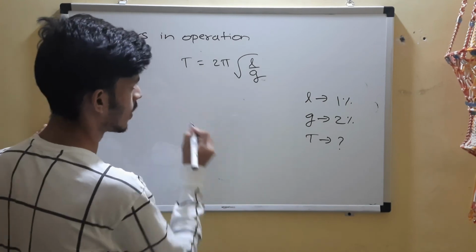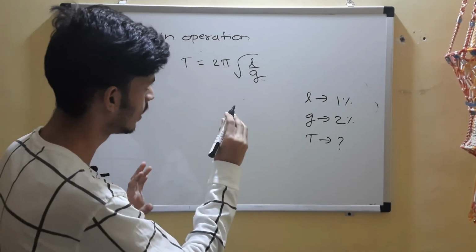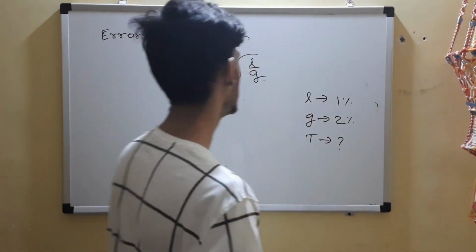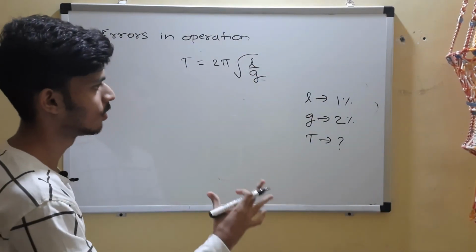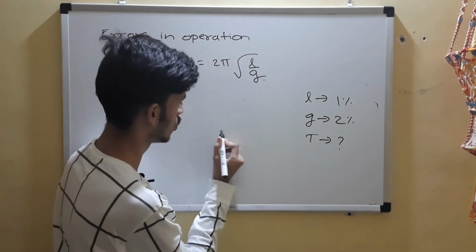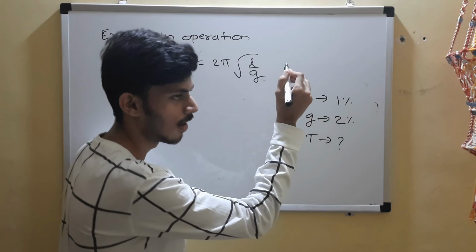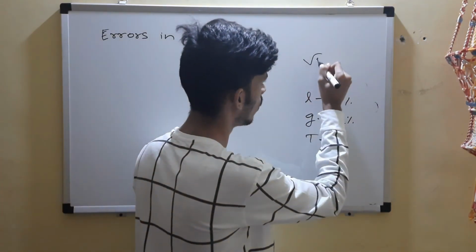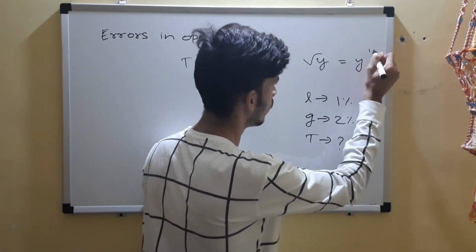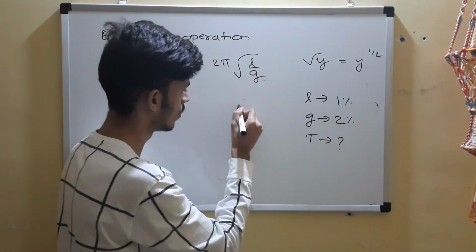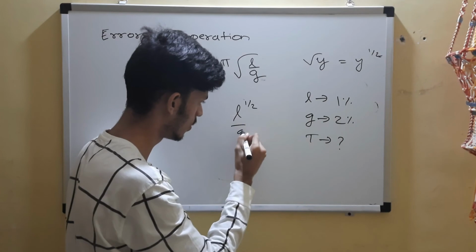If you know the formula directly, you can use it. 2 pi is a constant. Constant won't change. So constant does not have an error. Okay, constants we know for sure. Raised to this is root. I've already told you that root of something is raised to half. So L is raised to half, g is raised to half.